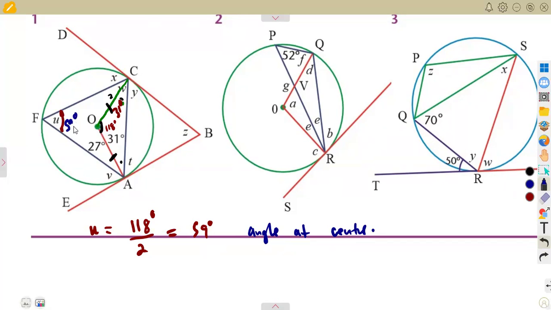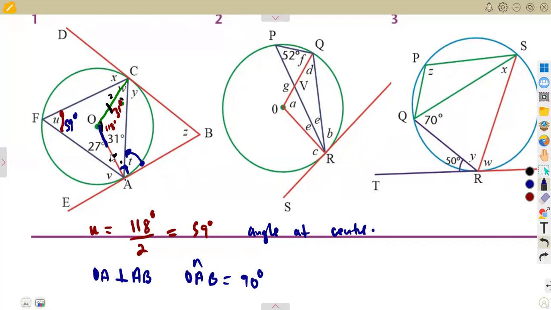So if this angle is 59 degrees, it also follows that we could have calculated angle T, because OA and OB are radii. OA and AB meet at 90 degrees, so OA is perpendicular to AB. So angle OAB is equal to 90 degrees.